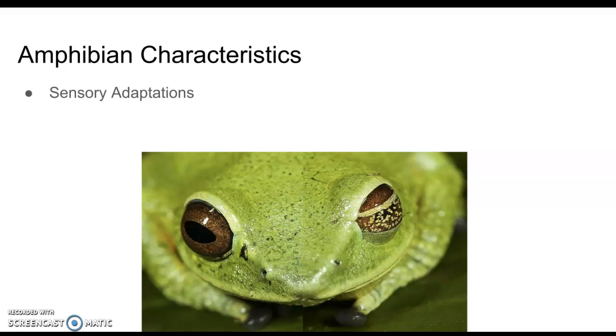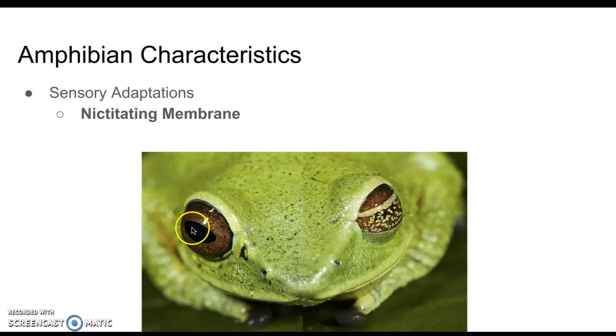The first adaptation that we're going to talk about is the nictitating membrane. Nictitating membrane can be found in the eye. So notice this is the eye for land, and this eye is very similar to ours. And notice this membrane is like an additional shade that goes over the eye. As you can imagine your eye going into the water without goggles, right?